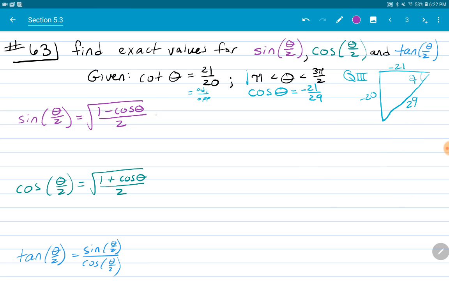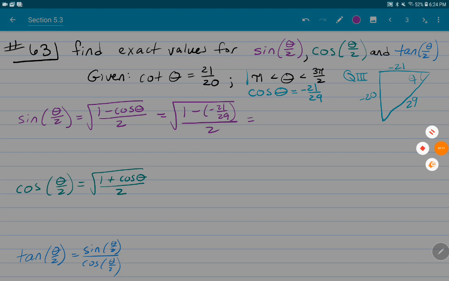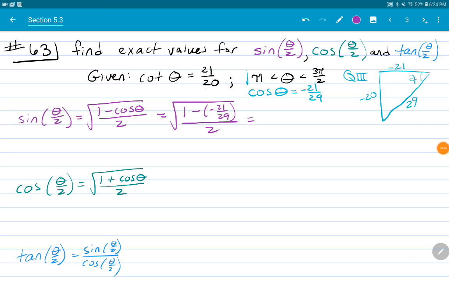So first we'll find sine of theta over 2 equals the square root of 1 minus negative 21 over 29, all over 2. Getting my common denominator, still under my big giant square root, I get 29 over 29.